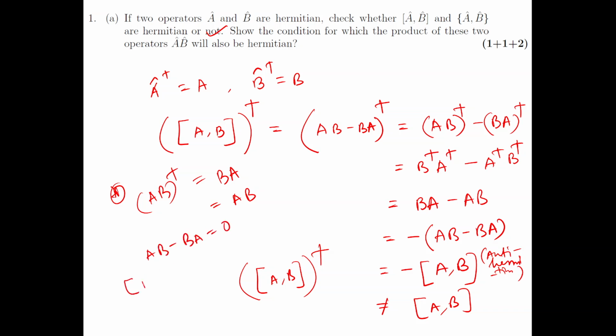That means A and B must commute. So when A and B commute with each other, then the product AB will be Hermitian. So we have solved this question.